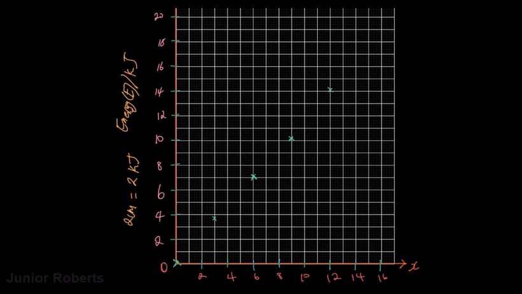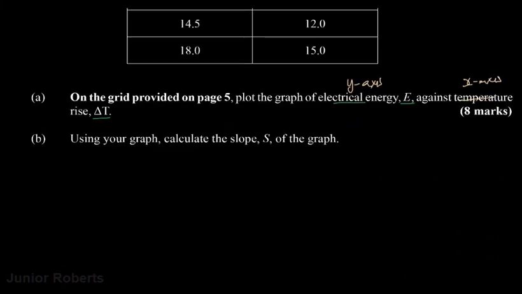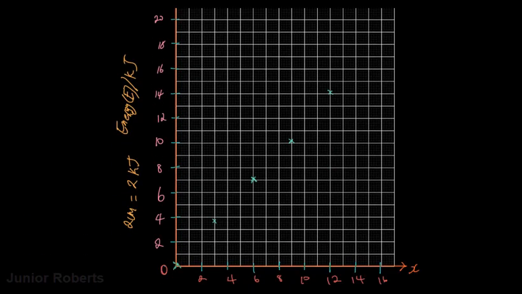And then we have 18 corresponding to 15. So we find 18 right there, and it corresponds to 15. So this is 14, and 15 is right here. Those are our points plotted.